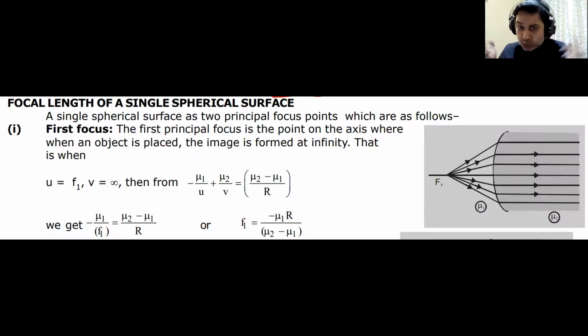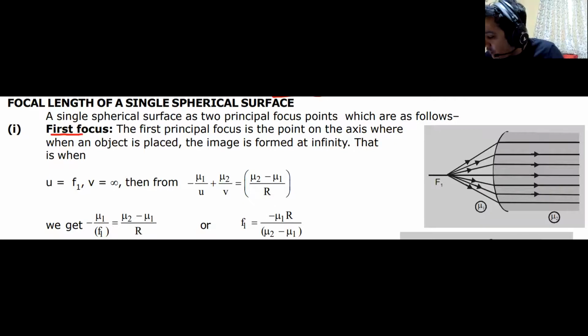A ray of light which is parallel to the principal axis will pass through the focus. If I reverse it, a ray of light which is passing through the focus will become parallel after reflection. Do we remember this? Okay, that means there are two things that will happen. If it is passing through the focus, it will become parallel, and that is the first focus.